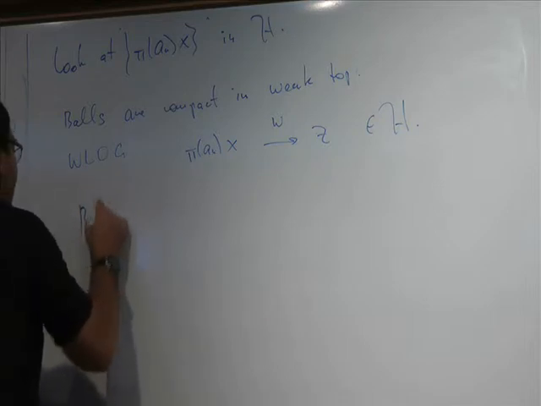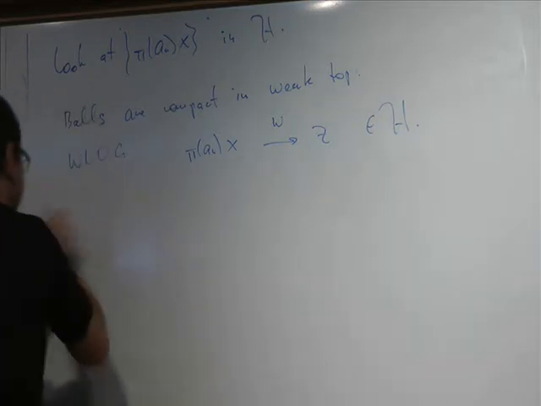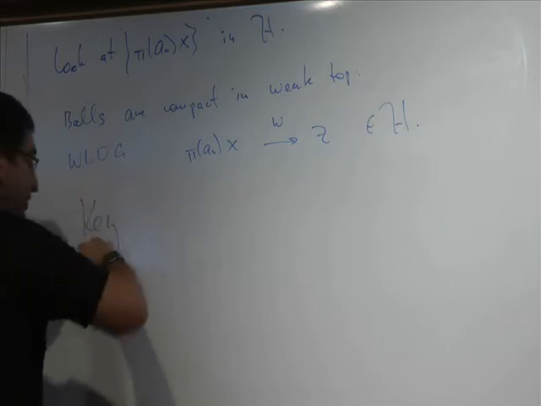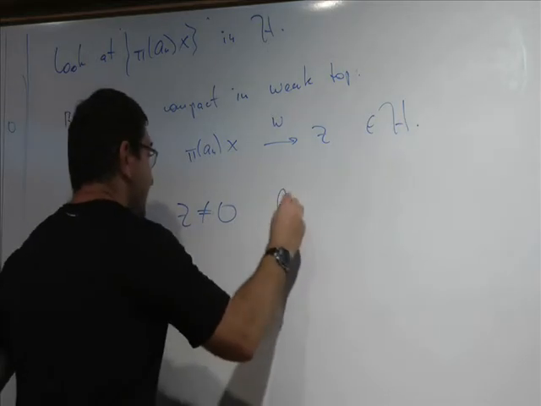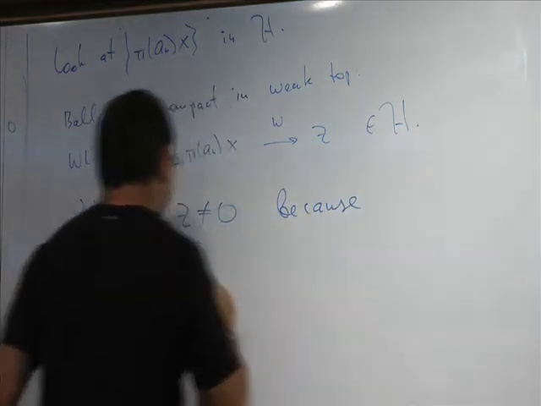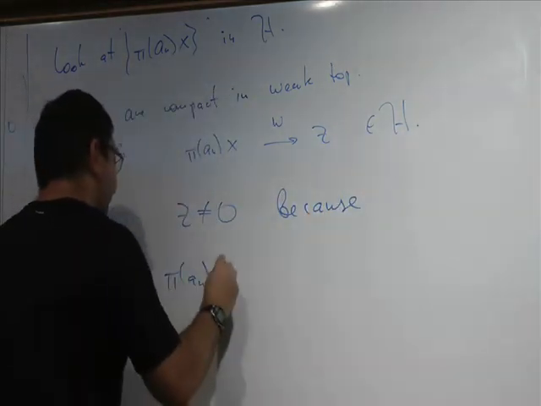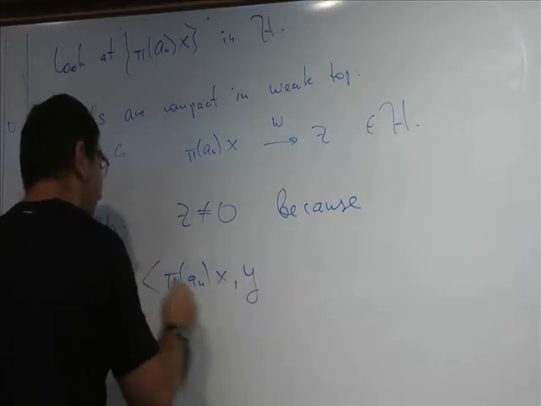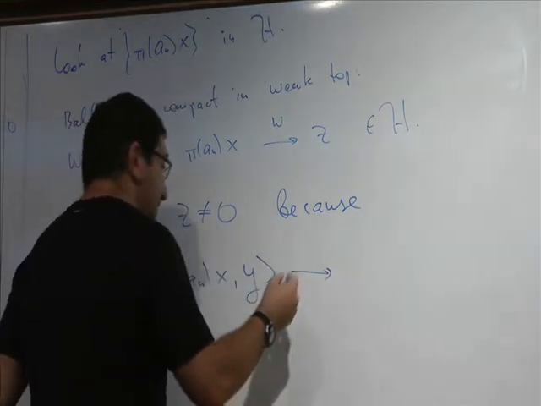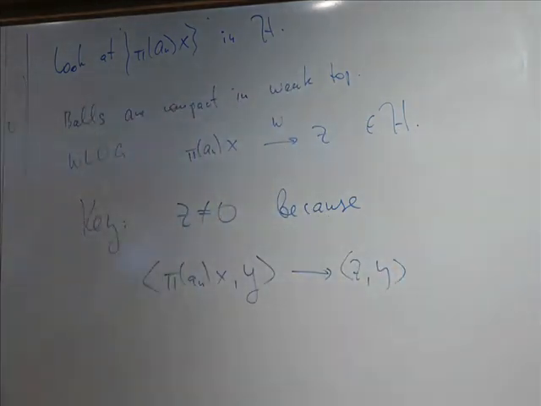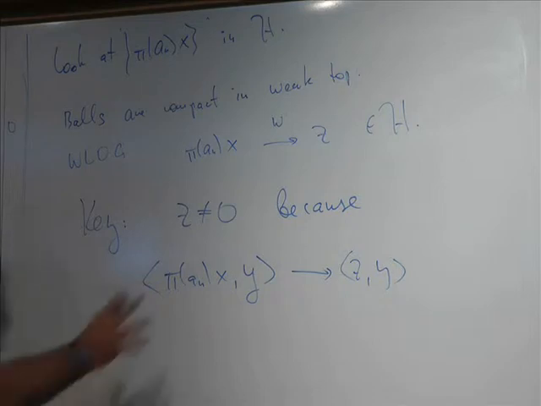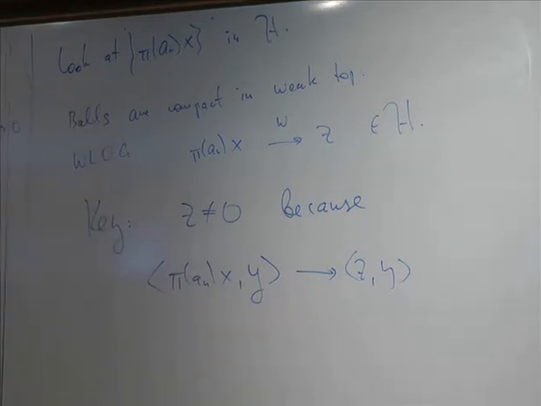But the crucial key observation is that z is not 0, because pi An x against y converges as numbers to z against y. This is what weak convergence is about. But these things are bounded away from 0.